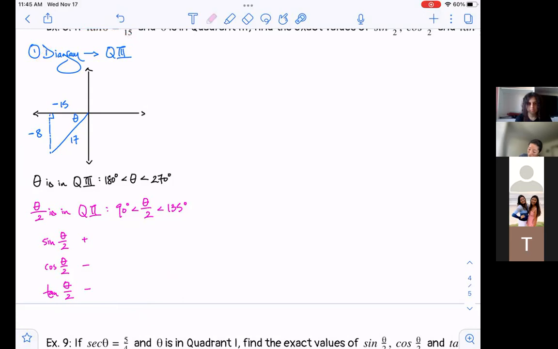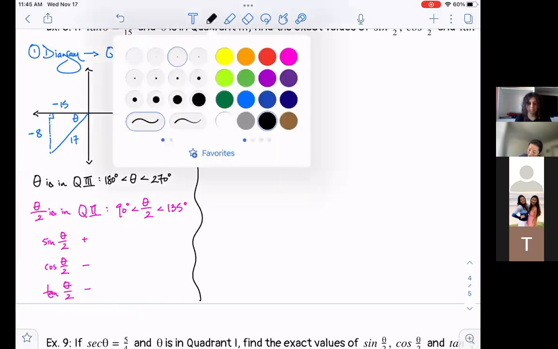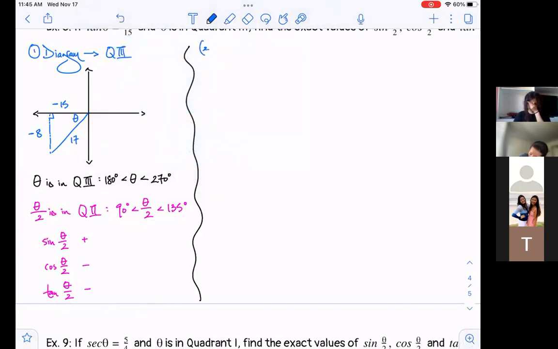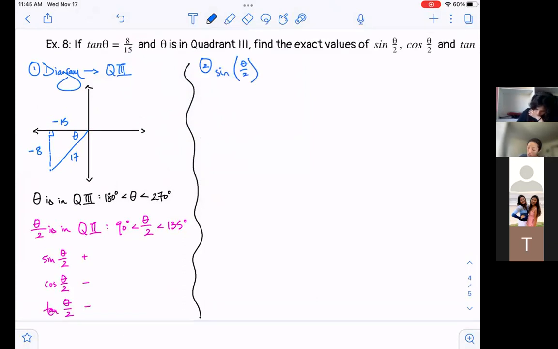So once we find all of that pre-thinking, now let's go ahead and find sine of our half angle. All right. And all we're going to do, we're going to grab the half angle formula, but in front of it, we're going to put a plus sign because we already made that decision.